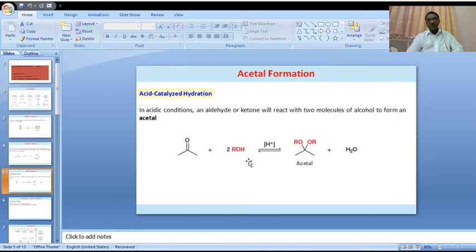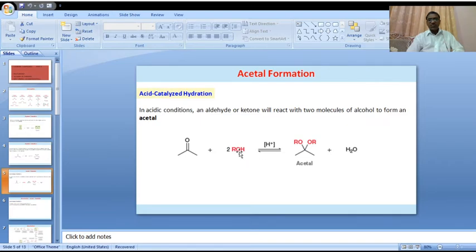2 moles of ROH alcohol in presence of acid. From this, two OR function groups are available.